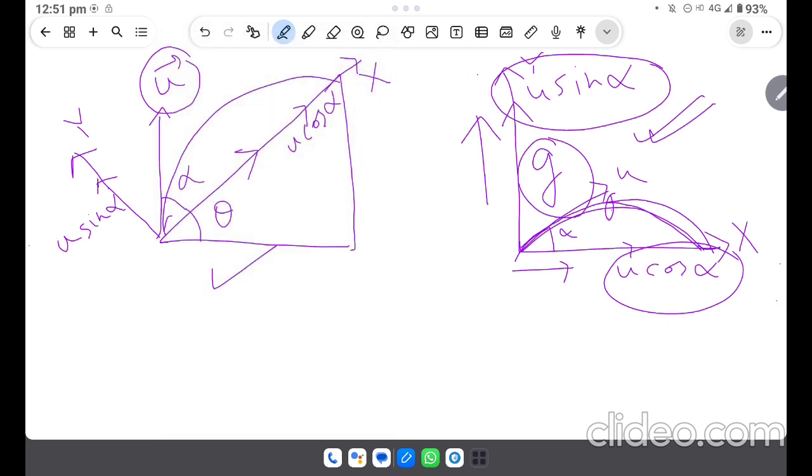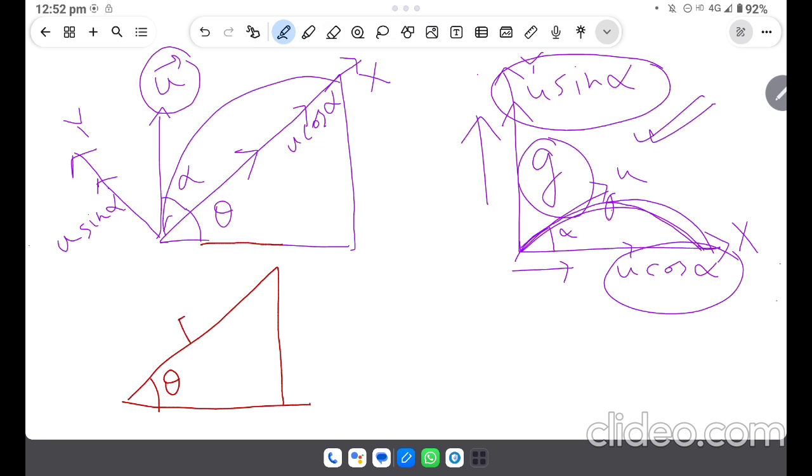Okay, now see here. Now we know that if I draw any inclined plane here and theta is the inclined plane angle, right? Theta is the angle of the inclined plane. Now look at this carefully.